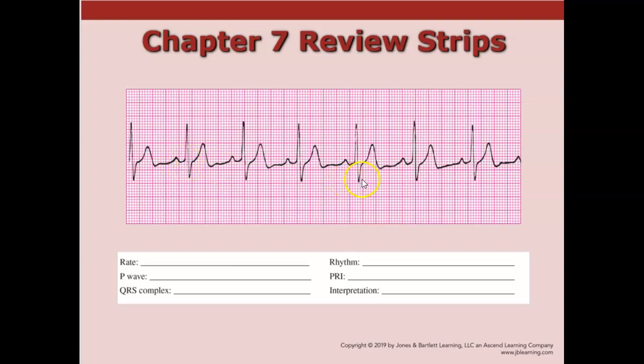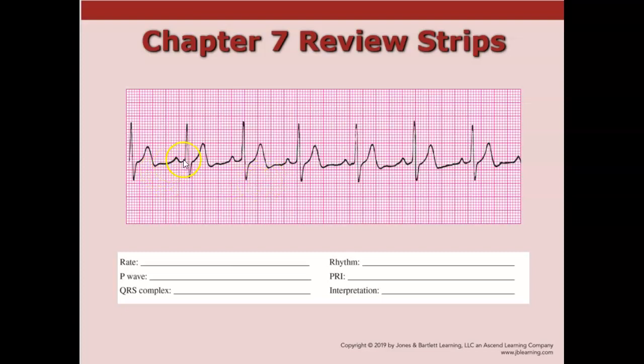Our rhythm, when you just take a glance at it, looks to be pretty regular, but you can also get your paper and start making tick marks over this one and march them out. Or you can give it a quick glance of boxes. So 1, 2, 3, 4, 1, 2, 3, 4, and a little bit. Remember, you can have 0.06 difference between regular and irregular. So these look pretty regular.